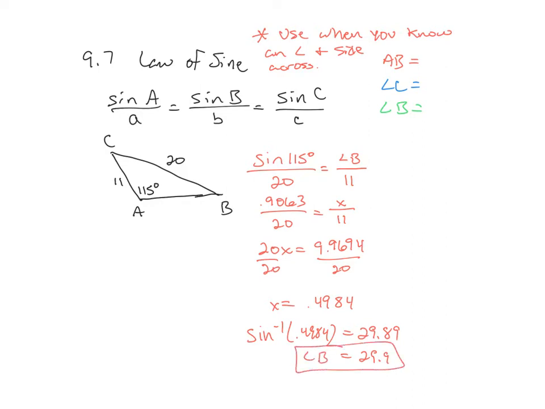So we have to solve the proportion, and then at the end, because I'm trying to find an angle, I have to do the inverse. All right, so angle B ends up being, maybe I should have used green since that's what I wrote up here, 29.9.